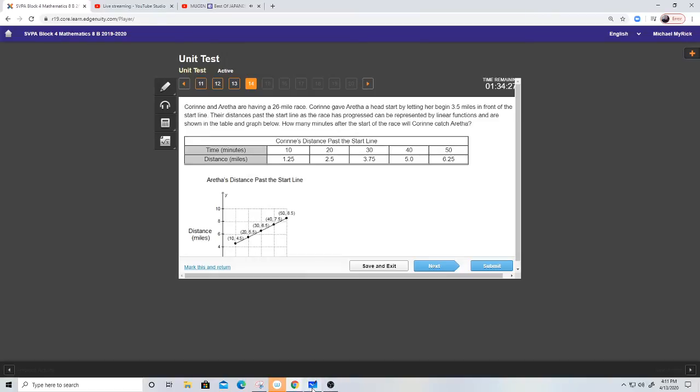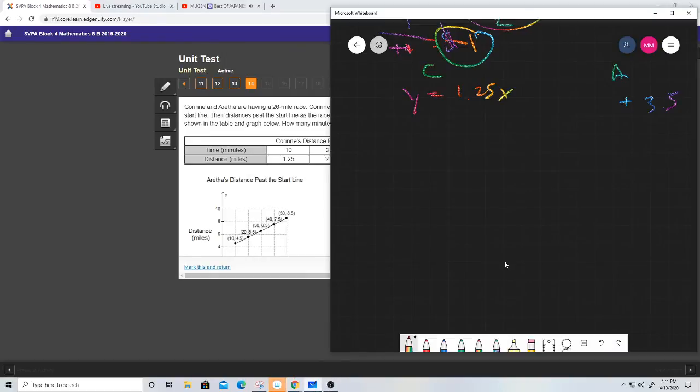Corrine, let's go look at this again. I'm sorry, we gotta move that over, because 1.25 divided by 10 is 0.125. And I want to do this over here too: 1.25 divided by 10x.